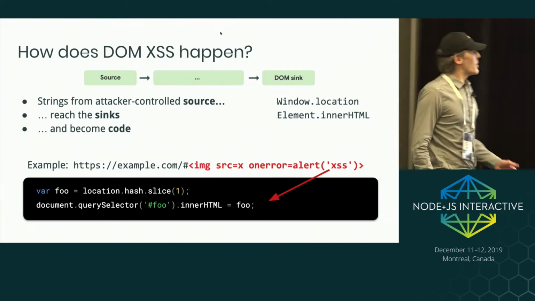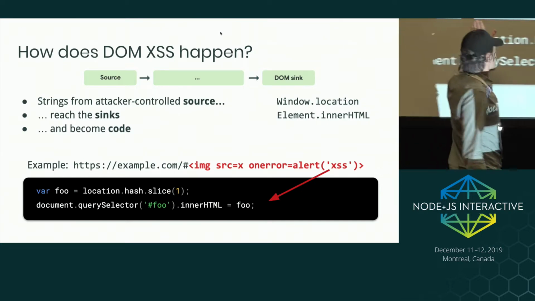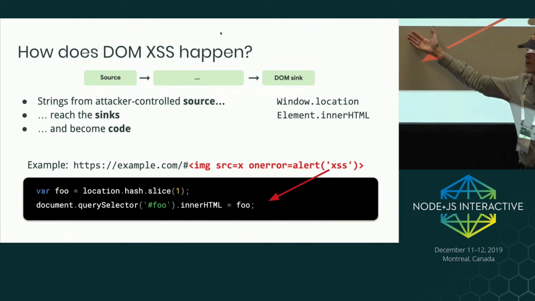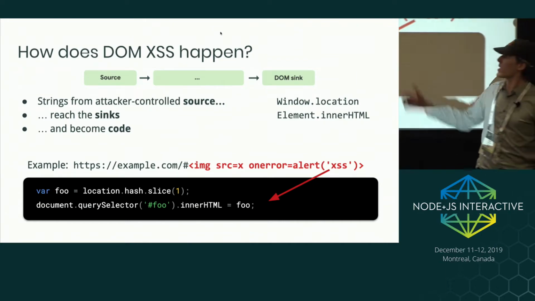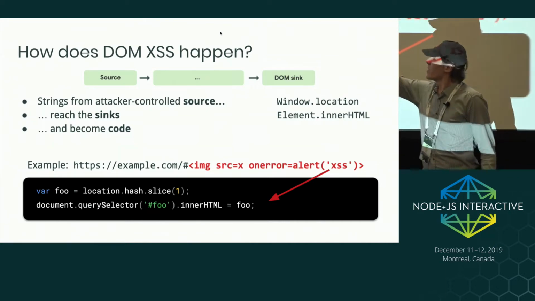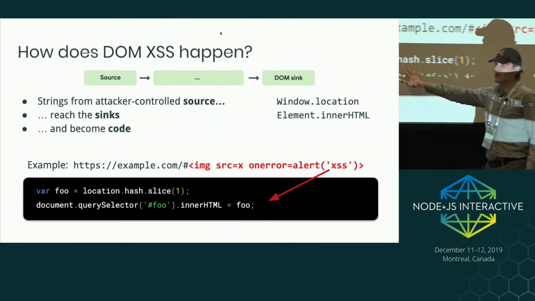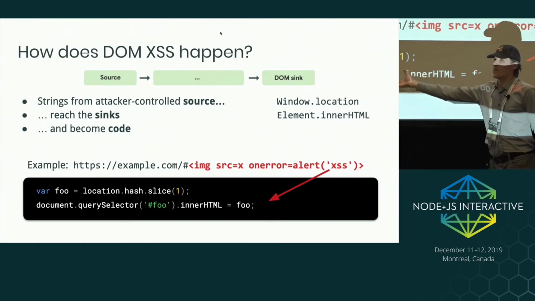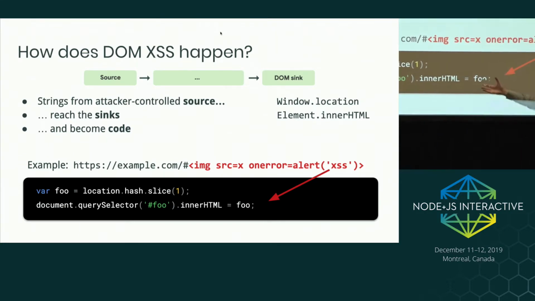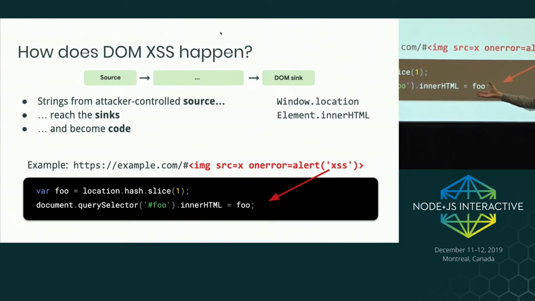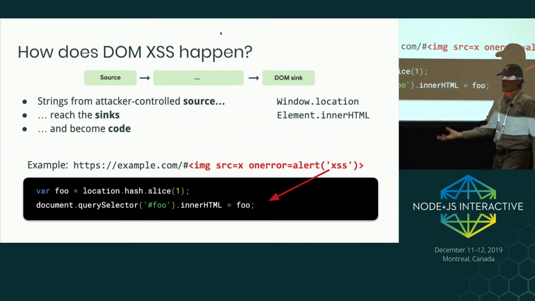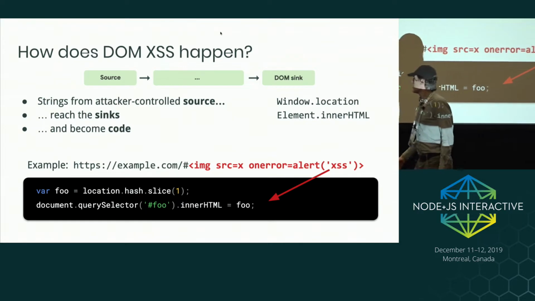So for example, let's say our application is running on example.com. An attacker engineers a user into going to this URL. And then your code looks in location.hash, takes a substring, finds some element on the page, and uses that string as a string of HTML. That string then goes through the HTML parser.